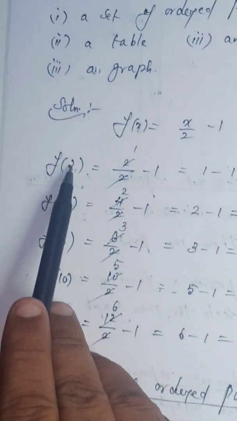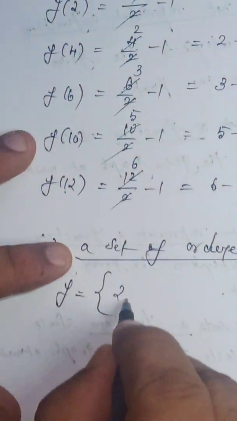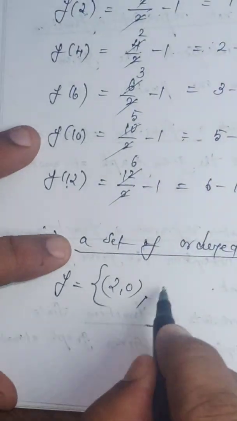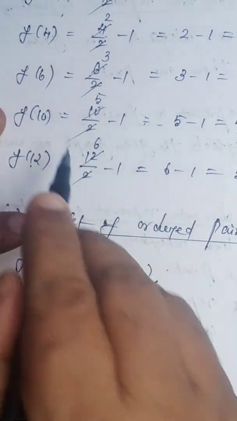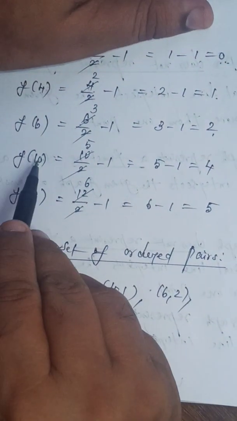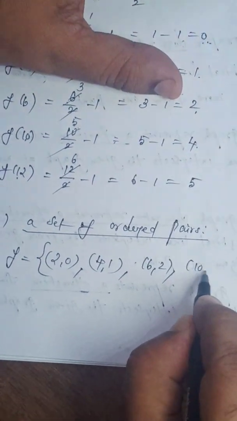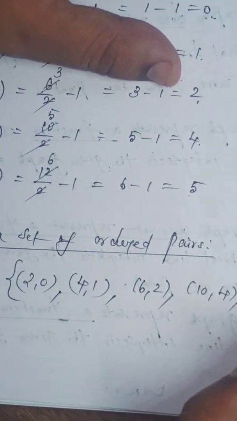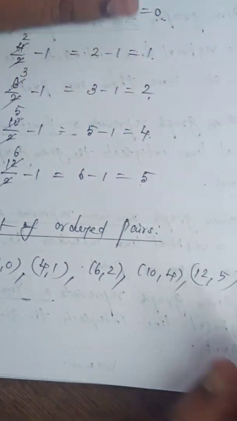What is the image of 2? 0. So 2 comma 0. What is the image of 4? 1. So 4 comma 1. Image of 6 is 2, 6 comma 2. Image of 10 is 4, 10 comma 4. Image of 12 is 5, 12 comma 5. Set of ordered pairs over.